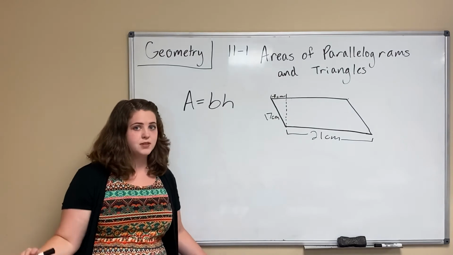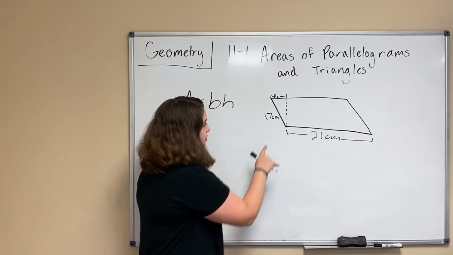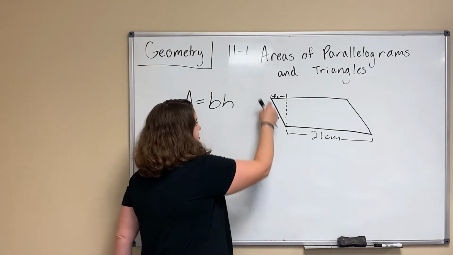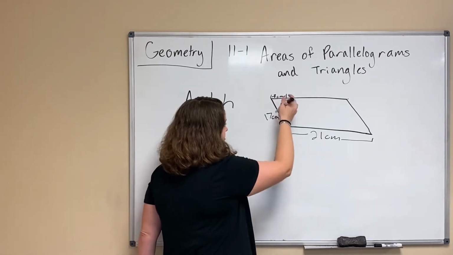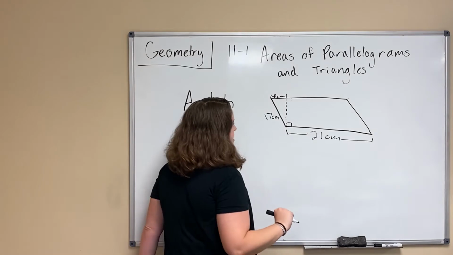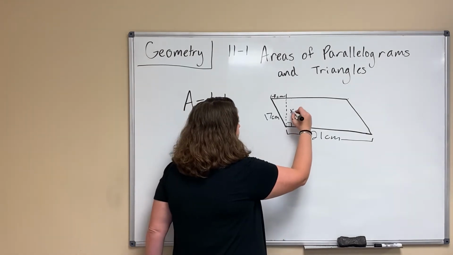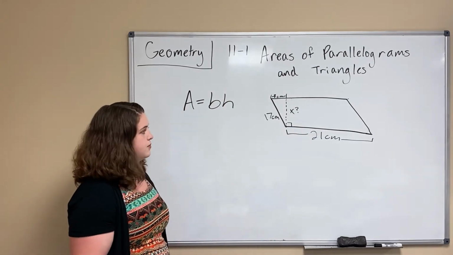Now it's going to be tempting to see a problem like this and think that this side is the height and just multiply these two together and stop. But that's not what you should do, because remember, this is not the height of the parallelogram. The line that's perpendicular to the base is the height.